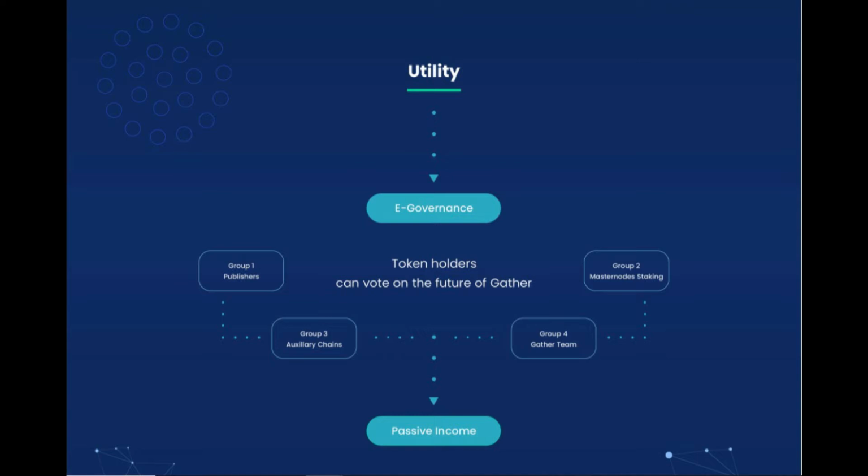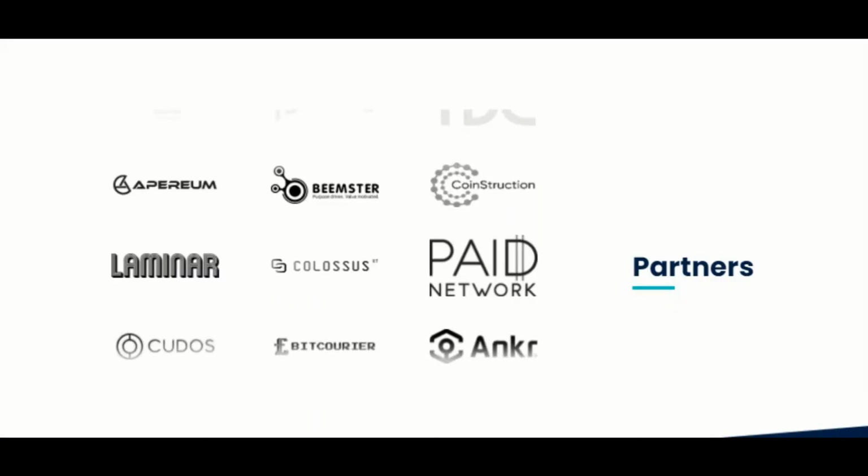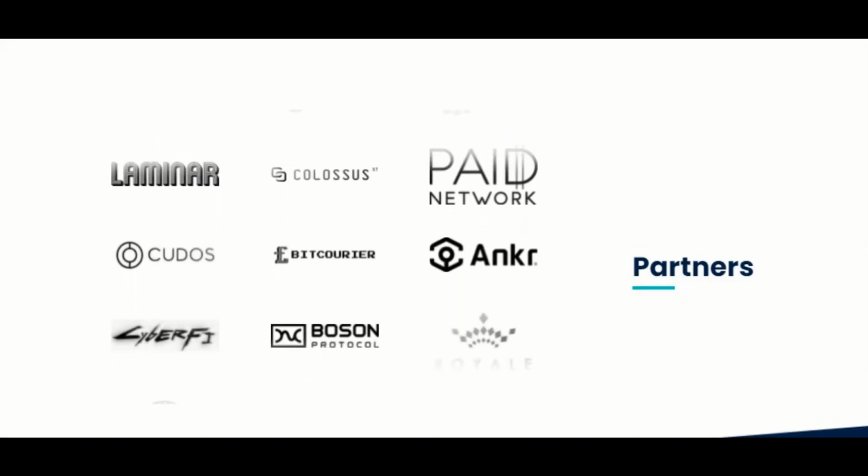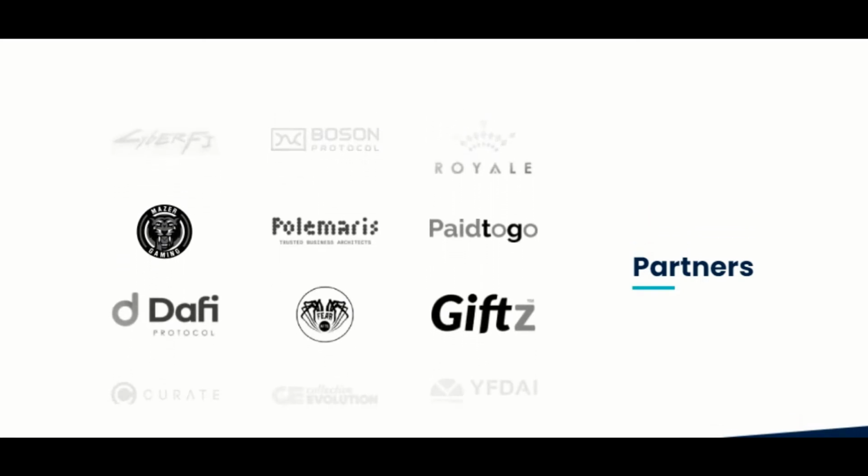Auxiliary chains or child chains are a big deal for the Gather ecosystem. Child chains are projects that are onboarded onto the Gather network, where the hash rate from publishers will be offered to add security to these chains and reduce the chance of 51% attacks. The more the projects use Gather chain, the higher the demand for GTH token, as all fees generated will be paid in GTH.